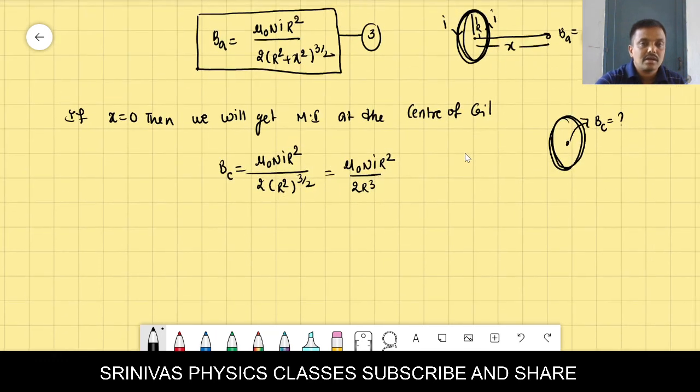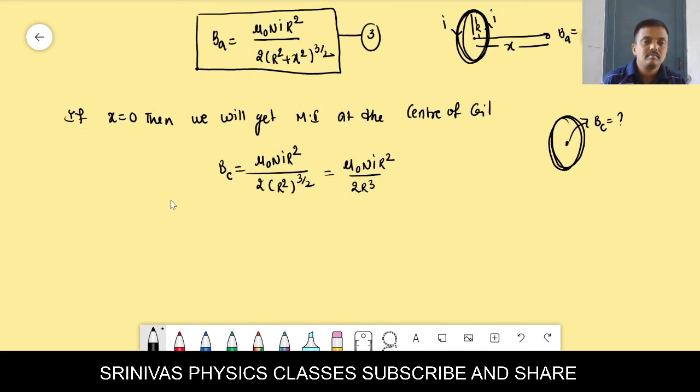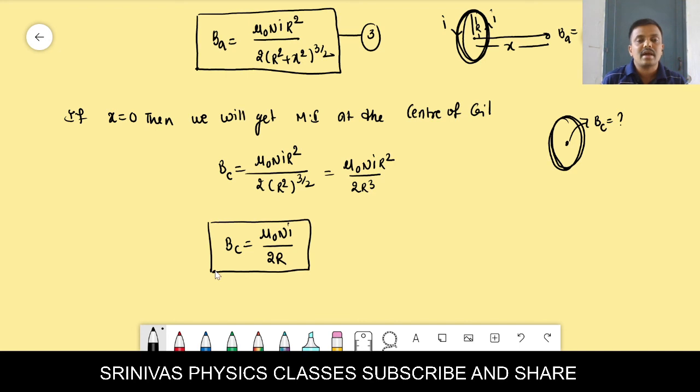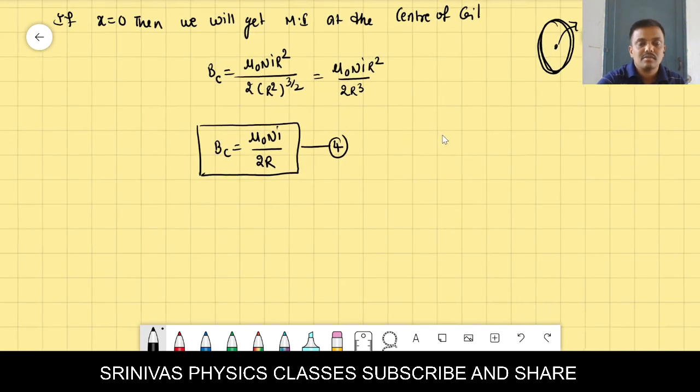And finally what will you get? Magnetic induction at the center we will get as mu naught N I by 2r. Yesterday we derived the same formula, right? B C means magnetic induction at the center, B A means magnetic induction on the axis of the circular coil. This is equation 4. Understood, students? Yes or no?